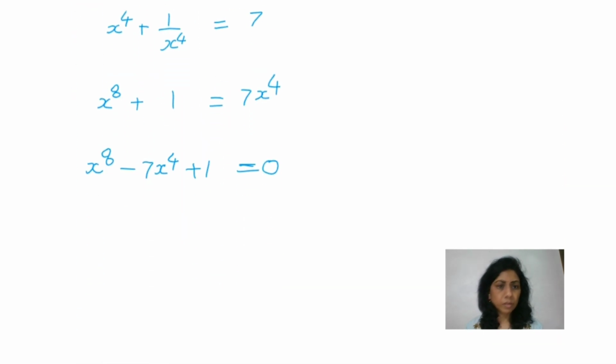Okay. Here both sides multiply by x to the power 3. x to the power 3 multiplied with this term x to the power 8, so we get x to the power 8 plus 3, 11. Minus 7, here multiply this one, so we get minus 7x to the power 4 plus 3 is 7.